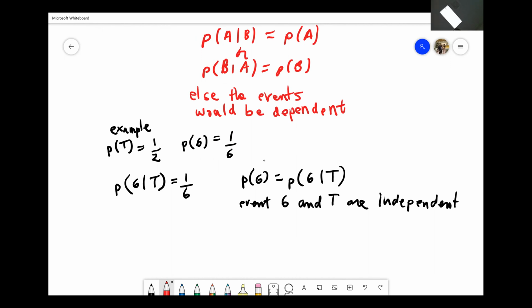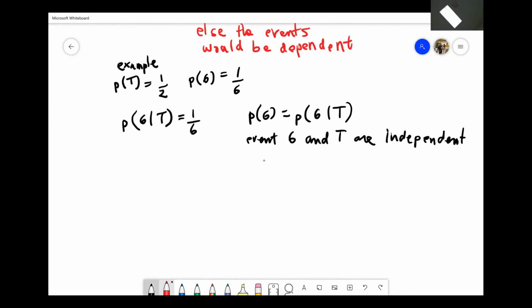Okay. Let me give you another example. And we just did this one. So the probability of queen is 4 out of 52, correct? Now, imagine I'm picking two cards.